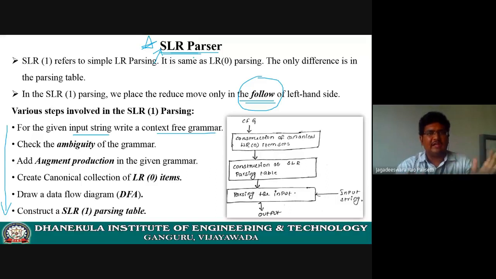Just like LR(0), here also we start with the user-given input, a combination of terminals. From that we keep performing actions like shifting and reducing, the different actions already seen. We keep performing these actions until we get the start symbol, because the start symbol acts as the root node in the parse tree. So make it clear that the SLR parser is also part of the bottom-up approach.